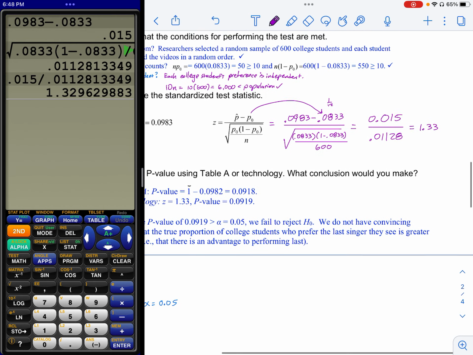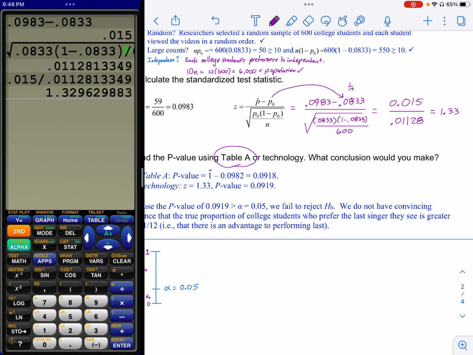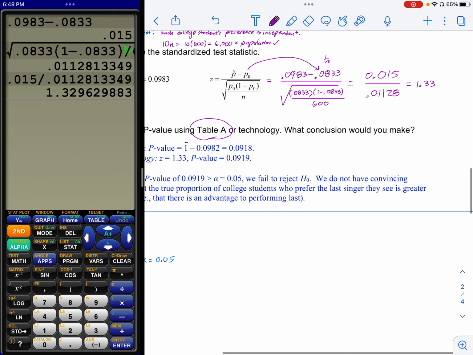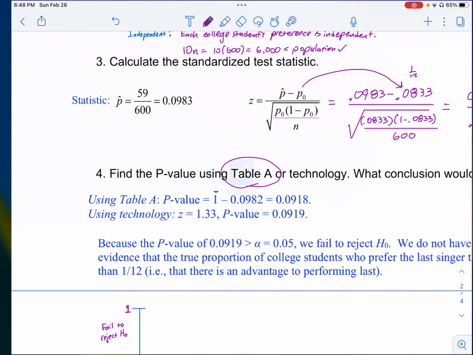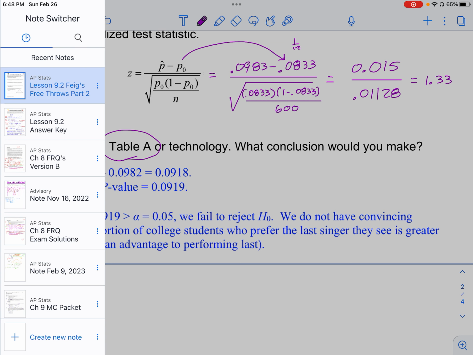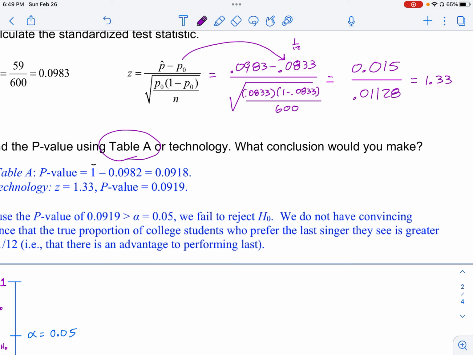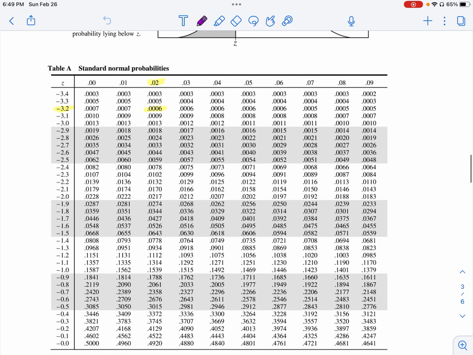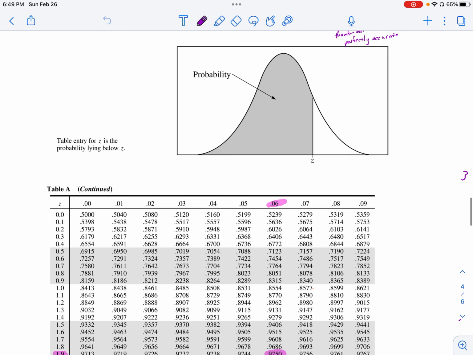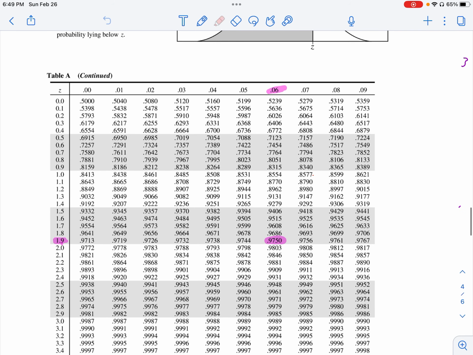Now I need to use table A to get the p-value for that. So let's look up a z-score of 1.33 in the College Board packet. 1.33. Let's see here. 1.33. So we're here.